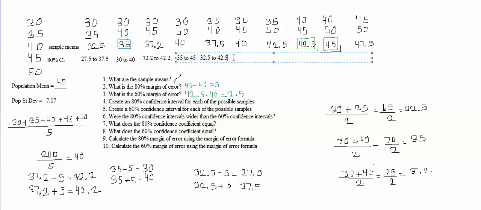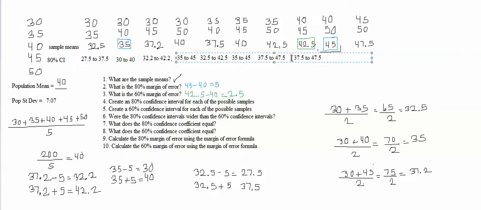This one is 35 to 45. This is 37.5 to 47.5. Looks like this one is the same, because, well, both of them we're adding and subtracting 5 using 42.5, which gives us the same answers.